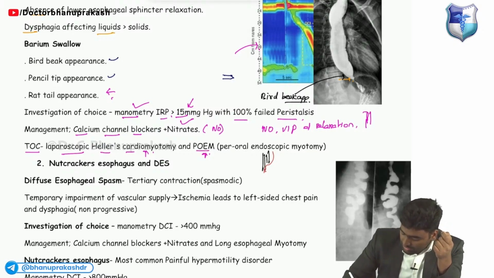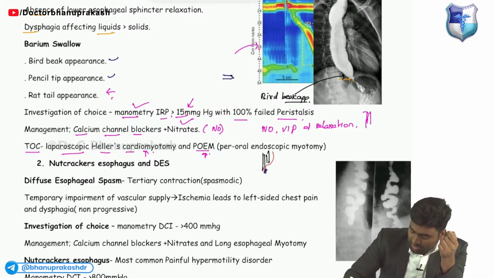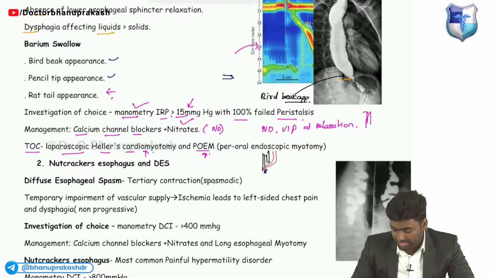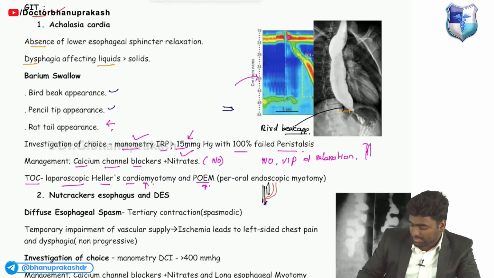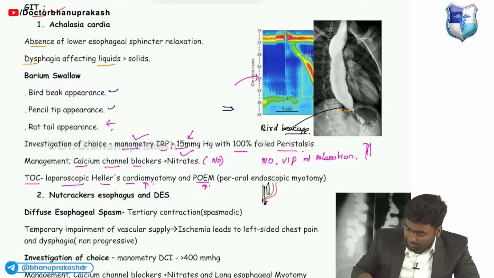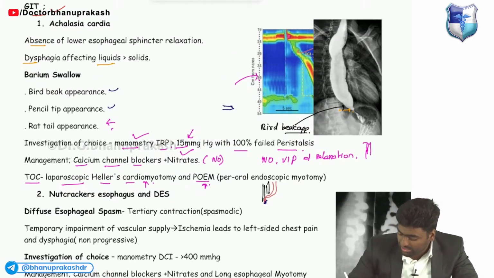It is known as POEM. So perorally, with endoscopic help, we cut the muscular layer. The treatment of choice is Heller's myotomy, and now recently we are using POEM. This is the manometry I told you about, and this is the barium swallow showing the bird beak appearance.